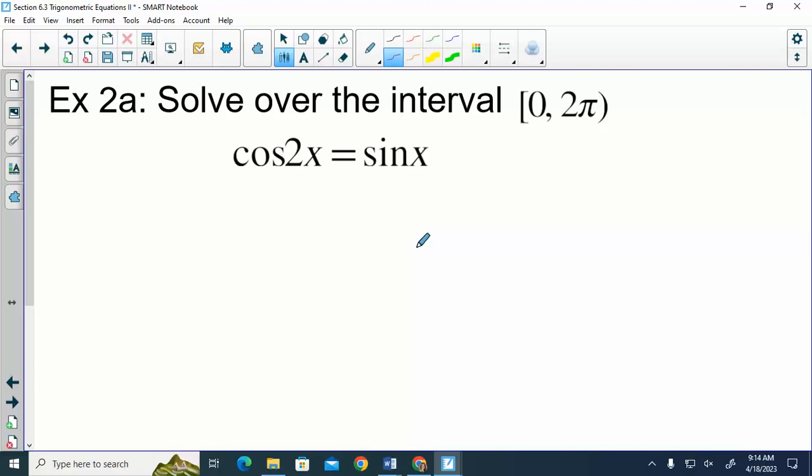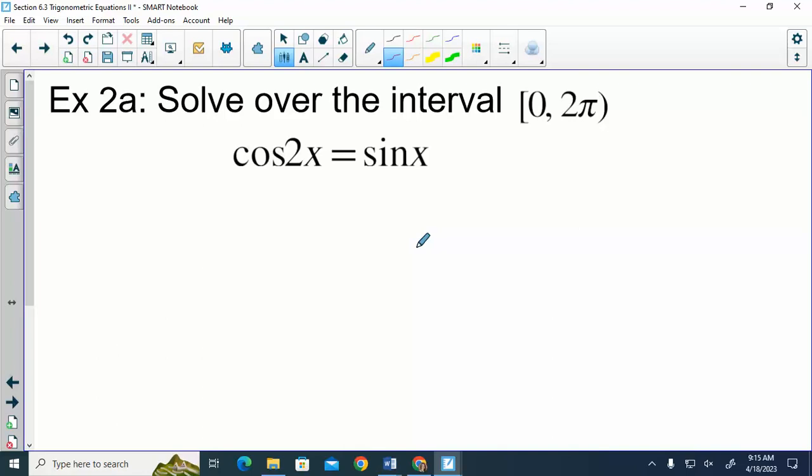Has sines and cosines. So two trig functions, which is a problem. What else do you notice? Look at your angles. Sine has an angle of x, but cosine has an angle of 2x. We need these angles to be the same before we can solve it. So they either both have to be a 2x or they both have to be an x.